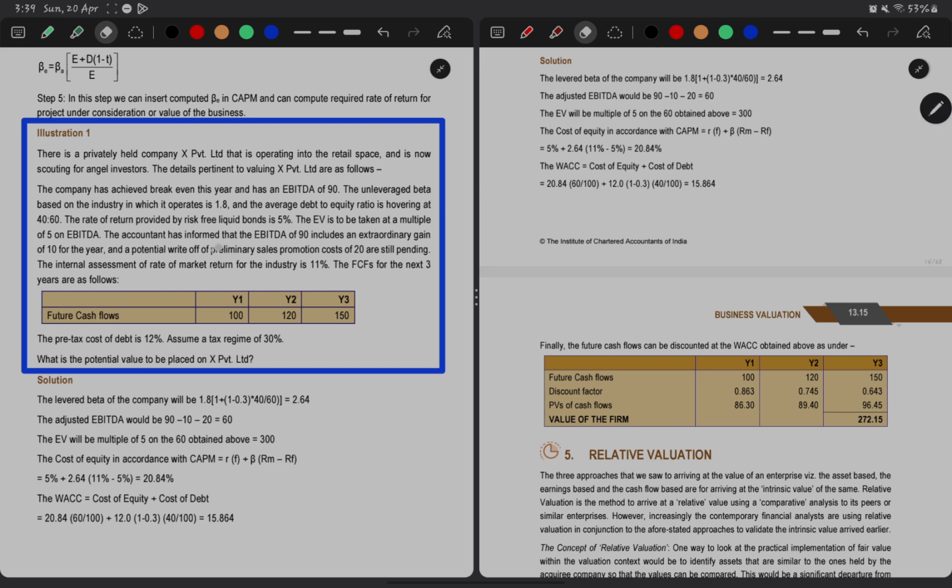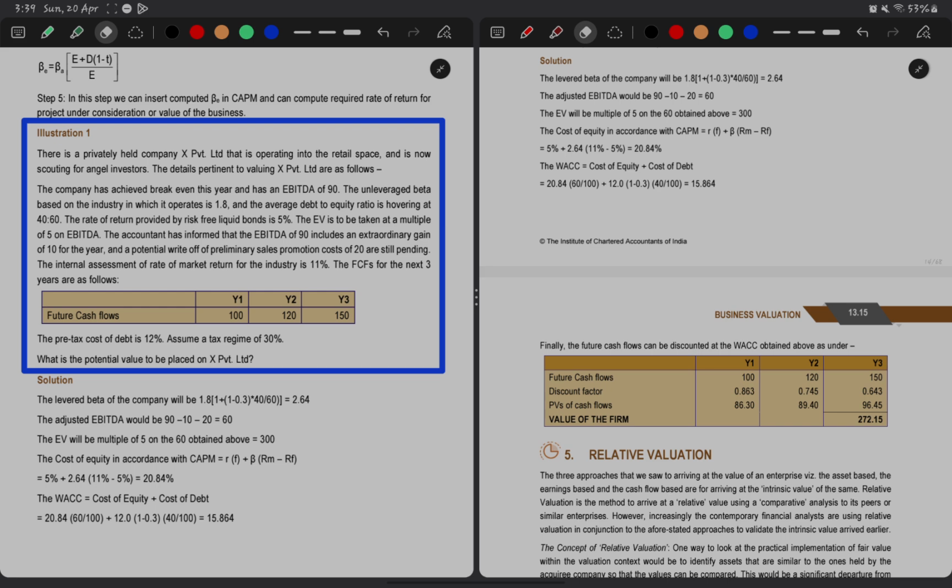The accountant has informed that the EBITDA of 90 includes an extraordinary gain of 10 for the year, and a potential write-off of preliminary sales promotion cost of 20 is still pending. What they are trying to tell is, as we have previously discussed, EBITDA gives us the viability of the revenue generating capacity of the company.